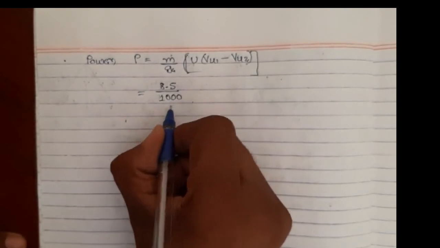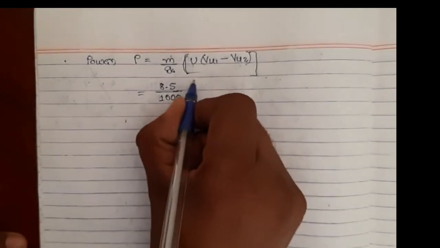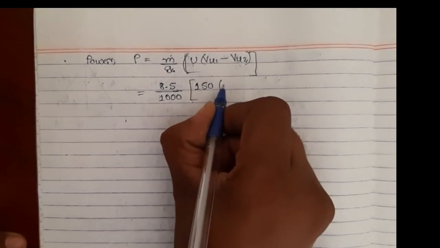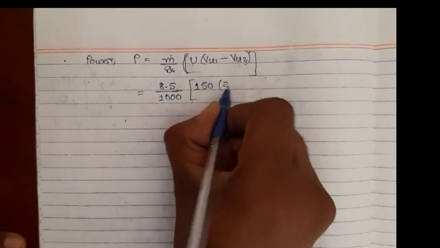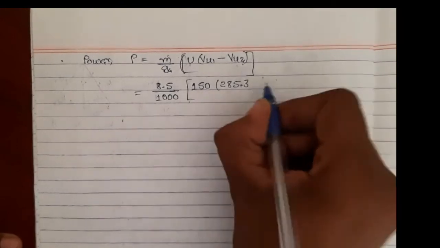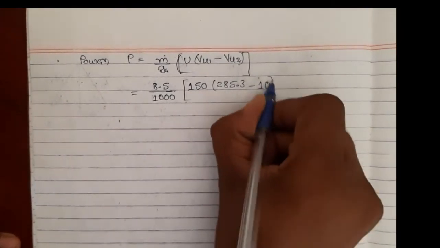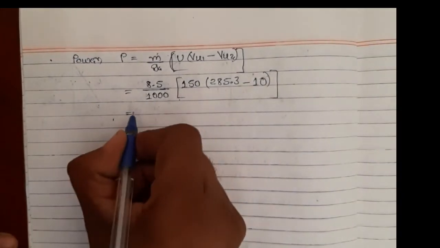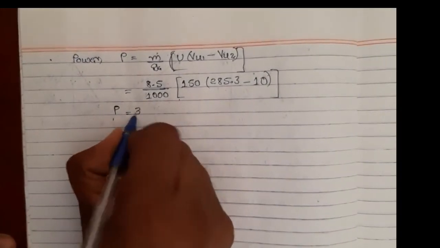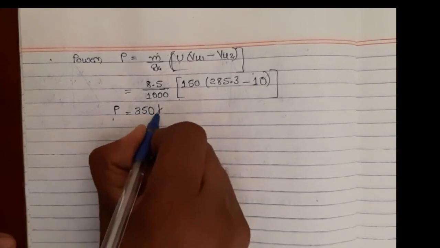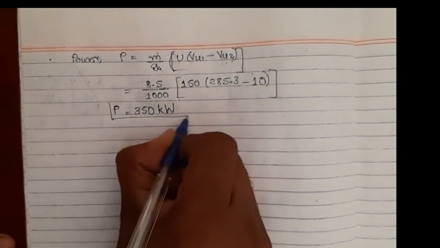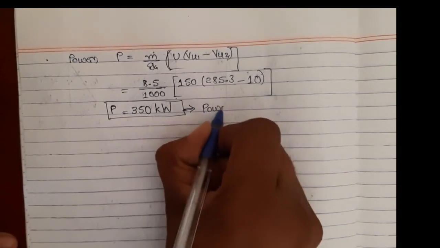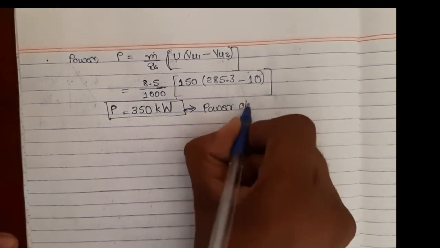In order to get the answer in kilowatts, I am substituting 1000 into U, which is 150, into VU1 value 285.3, and the VU2 value is 10, right? Now the power is 350 kilowatt. So this is the power for the stage. That is what is being asked, the power output of the stage.